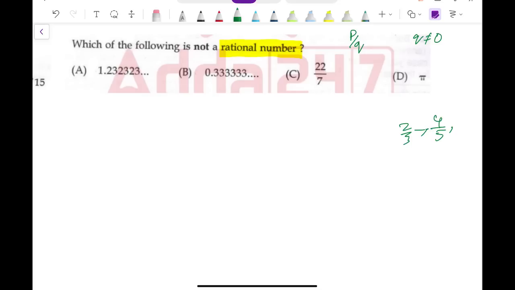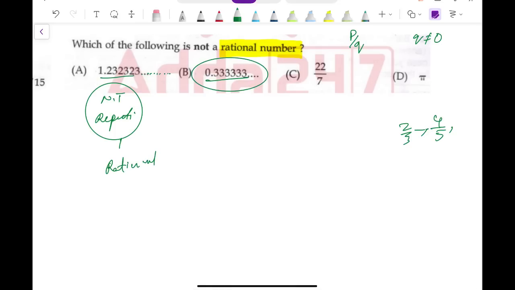So in that case, this can be written as a fraction. Although it's non-terminating, it is repeating. If a number is non-terminating, it means it is never ending, it is going on and on. If a number is non-terminating and repeating, then we say that this is a rational number as well.